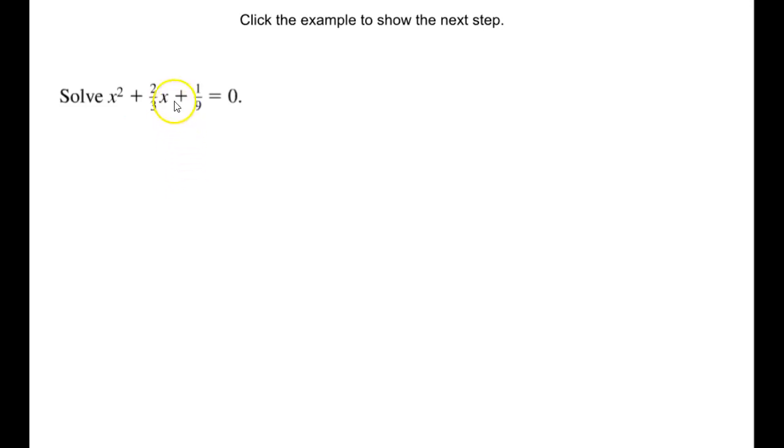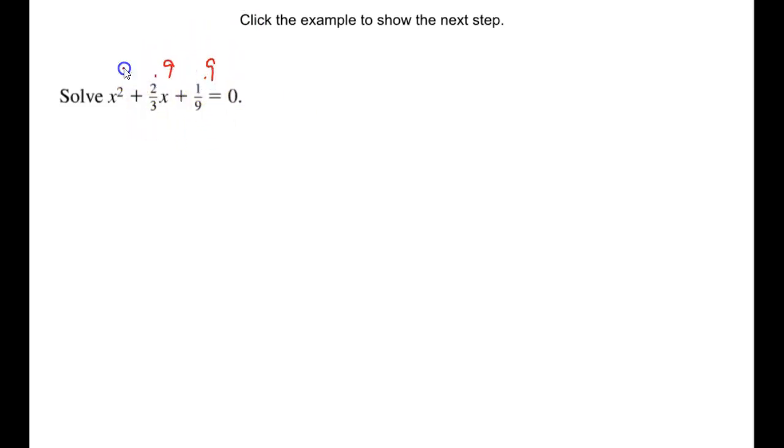This one can be solved several different ways. If you love fractions, you can notice that you do know the square root of this fraction. 1/3 times 1/3 gives me this 1/9. So I could just follow my pattern this way, but the first thing we really want to do is multiply everything by 9.